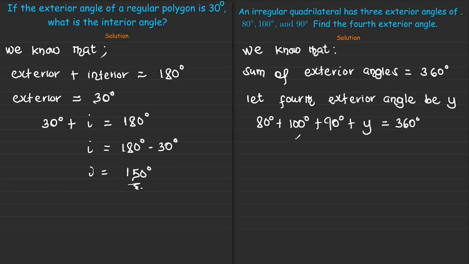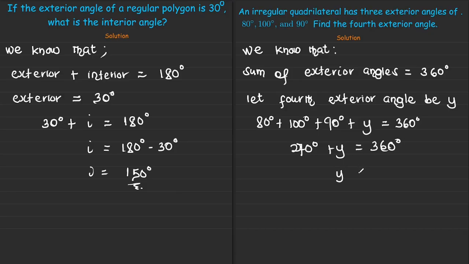80 plus 100 gives us 180. Then 180 plus 90 will give us 270. So we have 270 degrees plus y being equal to 360 degrees.